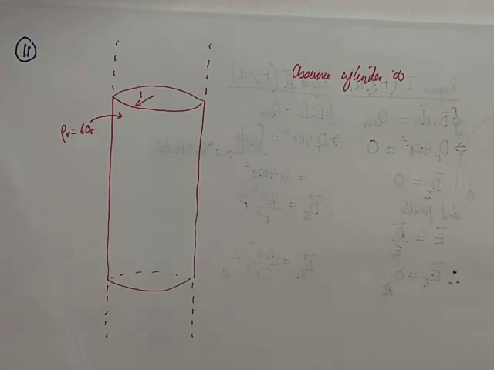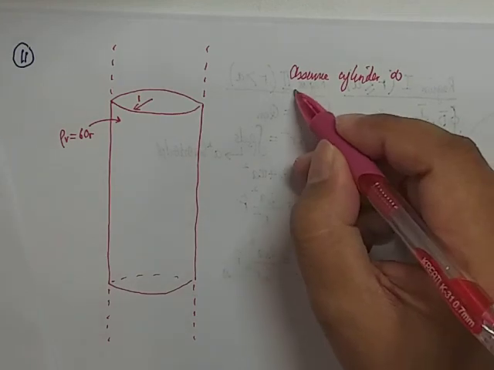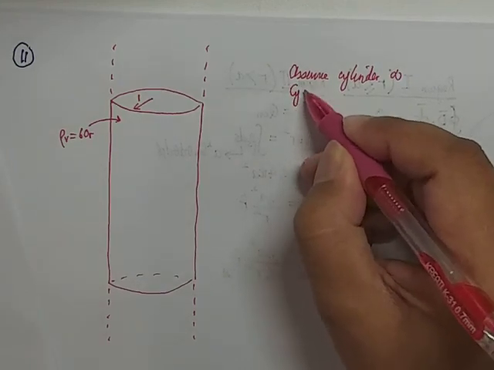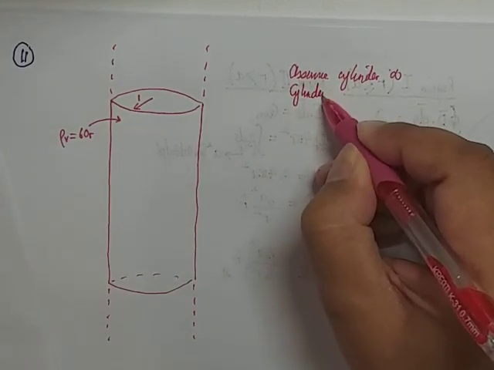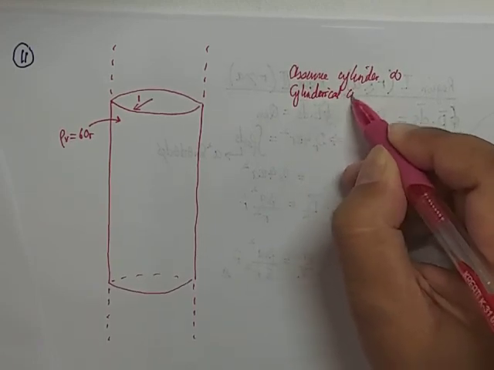Okay, what should be our next step? Good. The typical question we always ask in EMT: what coordinate system should we use? The answer should be cylindrical. So that should be my second step, I'm going to determine the cylindrical coordinate.